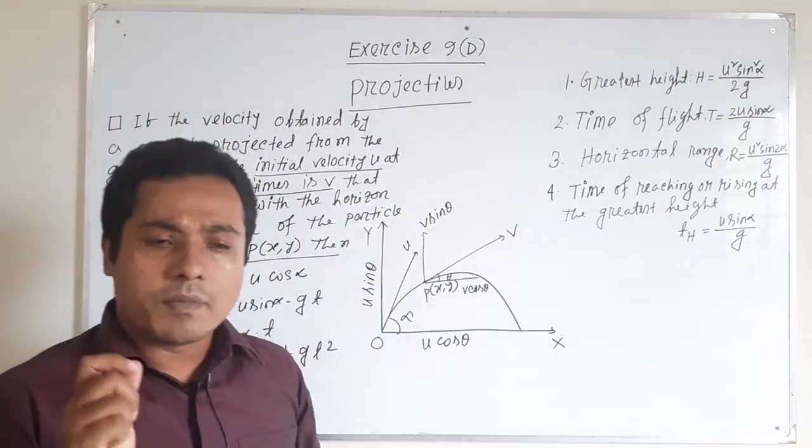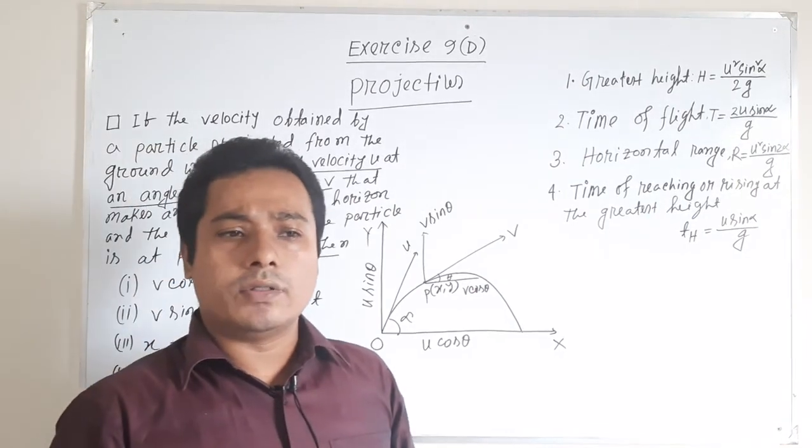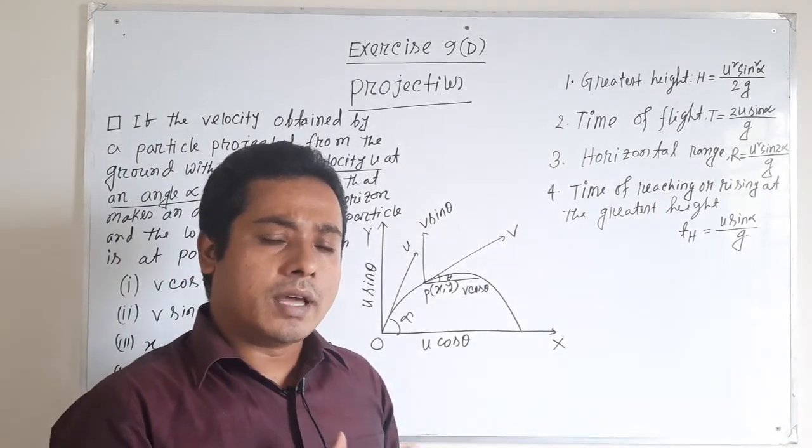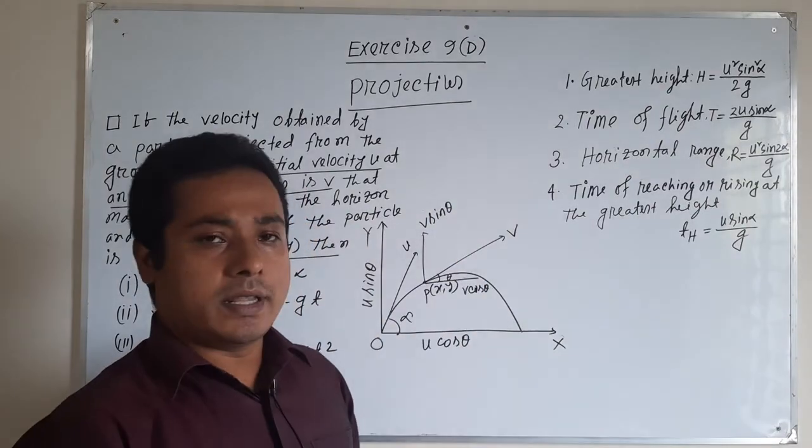If you throw a particle at a certain angle with the horizontal line, the moving path is called a projectile.